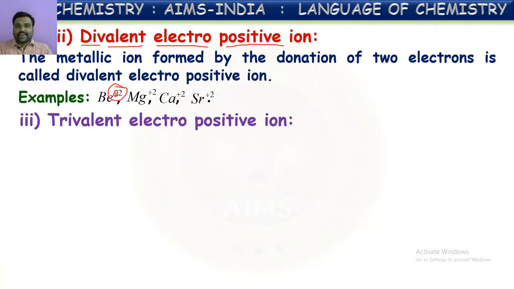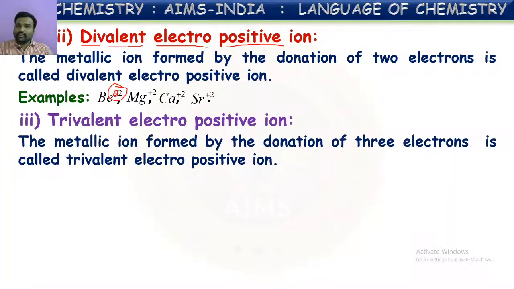Next one, trivalent electropositive ions. The metallic ions formed by the donation of three electrons are called as trivalent electropositive ions. Let us see some examples for these also. Al plus 3, Fe plus 3, cobalt plus 3, strontium plus 3. These all are ions which are formed by the loss of three electrons.